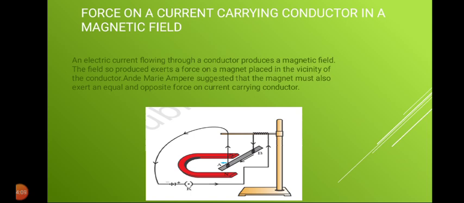If an electric current exerts a force on a magnet, then by Newton's third law, the magnet must exert an equal and opposite force on the electric current. This was also suggested by the scientist Andre-Marie Ampere. Okay, now the resultant force can cause either the wire or the magnet to move, thereby converting electrical energy into mechanical energy.